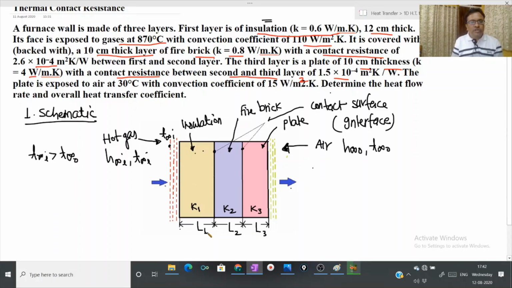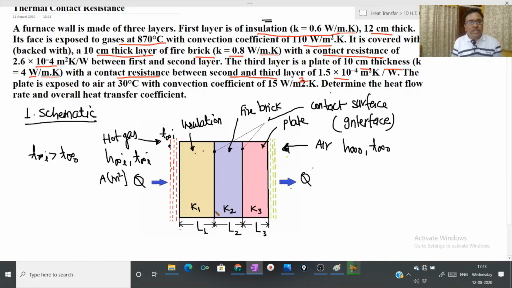So heat transfer will take place from hot gases through this composite wall to the cold air at the rate of, let's say, Q. And the area normal to heat transfer, which I have not shown, is, let's say, A meter square. So we have shown all the required parameters.